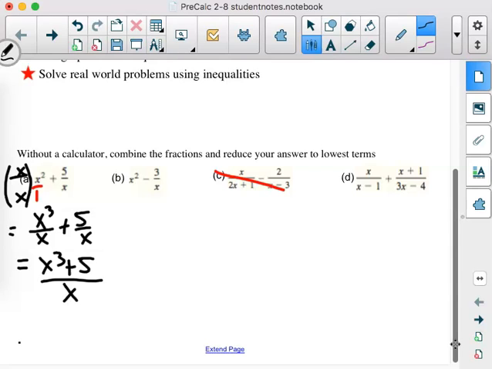They start working this method and then they start doing things like canceling before they've actually achieved the addition. You can't do that. With adding and subtracting, you have to have that common denominator first, and then you do the addition or subtraction. Only at the very end of the problem do you take a look at it and say, I wonder if I could simplify this.